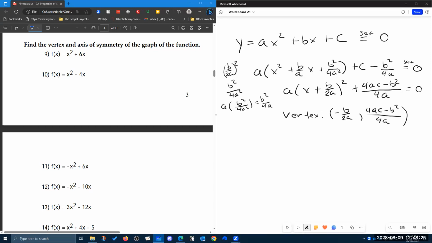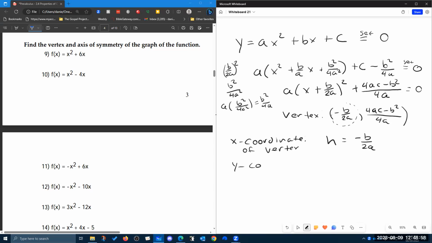So there's a vertex formula that we focus on this part here and say that the x coordinate of the vertex, which remember is h to us, is going to be negative b over 2a.